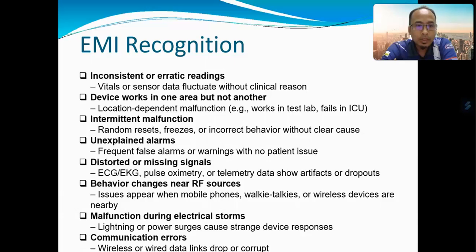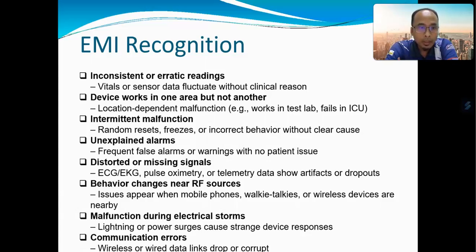So this can be classified as unexplained alarms. And then EMI also can be recognized through distorted or missing signals, right? For example, ECG or EKG, pulse oximetry or telemetry data shows artifacts or dropouts.